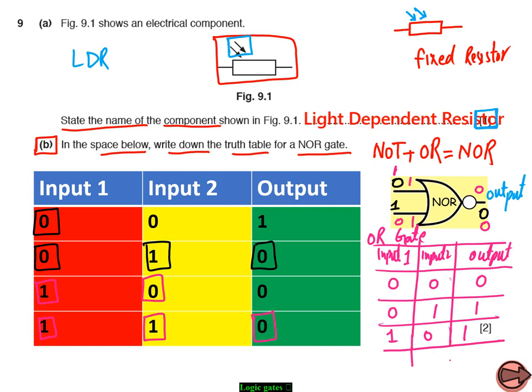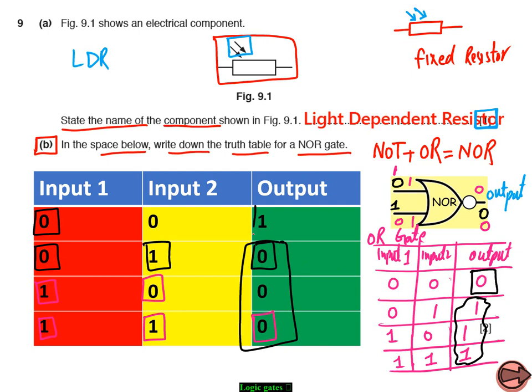And the last one, if one input is 1, other input is also 1, output has to be 1. Now we can do a quick comparison. Where you see 1 in the OR gate, you see 0 in the NOR gate, meaning it's just opposite. Where we see 0 in the OR gate output, we see 1 here. So this is a very basic concept. If you have this understanding, that's wonderful. So let's move on to the next one.